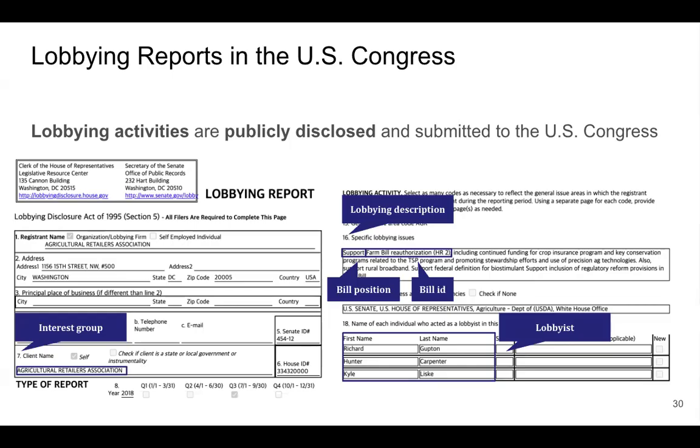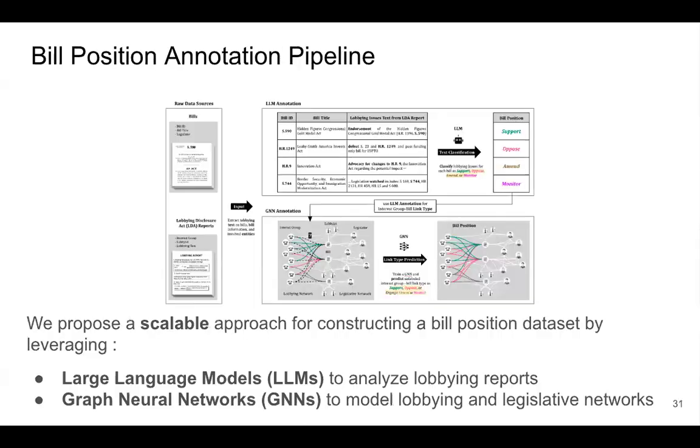There's the interest group name, some description of the lobbying activity, which sometimes lists the specific bills and sometimes doesn't, and then who they actually use as the lobbyists. The political scientist we worked with at MIT built this data set called LobbyView, which is a digitized data set of all of the lobbying reports from, I don't know, early 2000s or so.